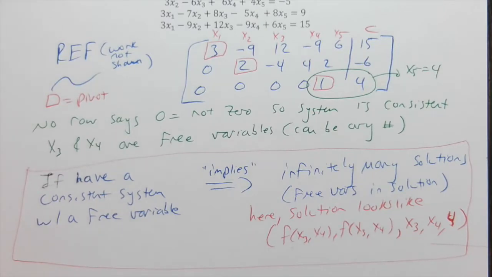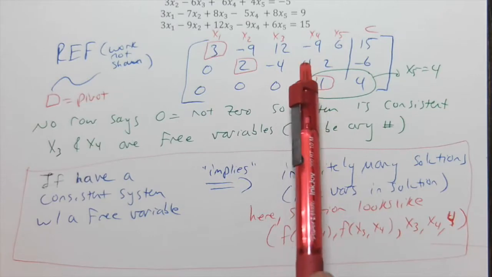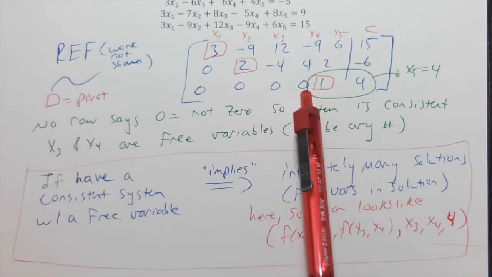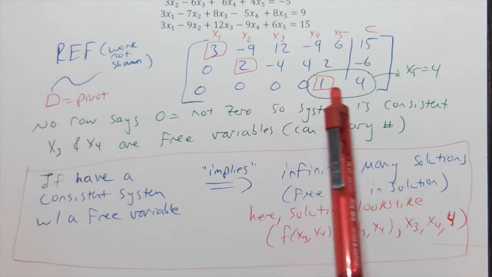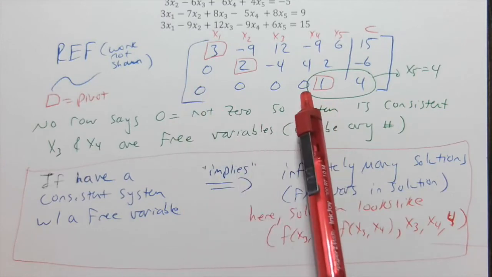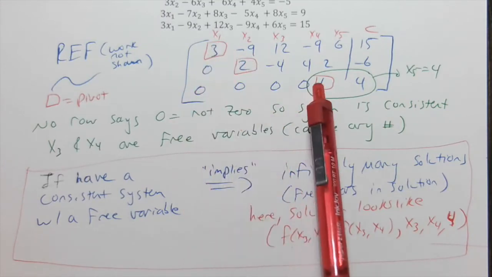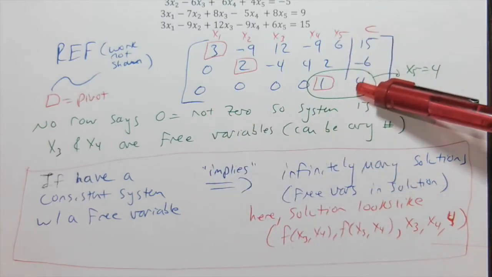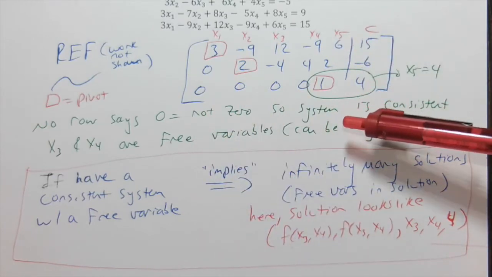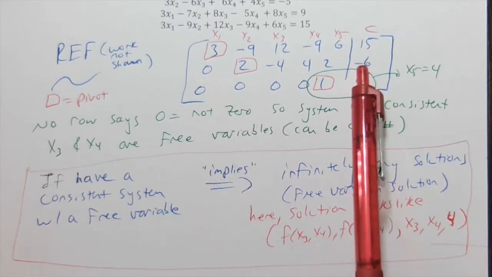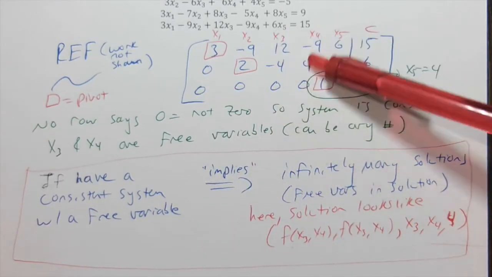I would also ask you to think real quick, what kind of system is automatically going to have free variables? In order to have free variables, we need to have columns without pivots. This system right here has the most pivots it could possibly have, because we could pivot in the upper left, down right, pivot here, down right. So you can only have as many pivots as there are rows. And if you have more columns than rows, you're going to end up with columns without pivots.